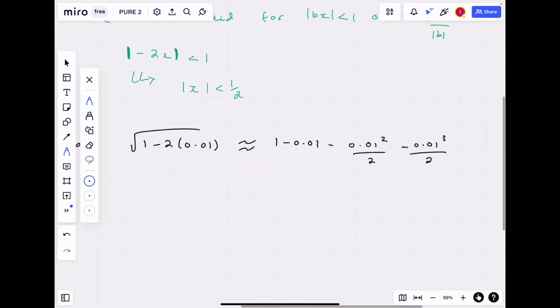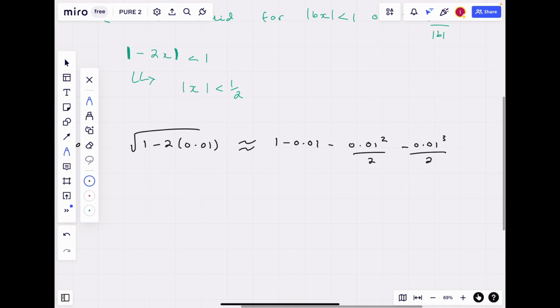So I've substituted into my original function and the expansion. And then you just want to plug it into the calculator as much as you can.